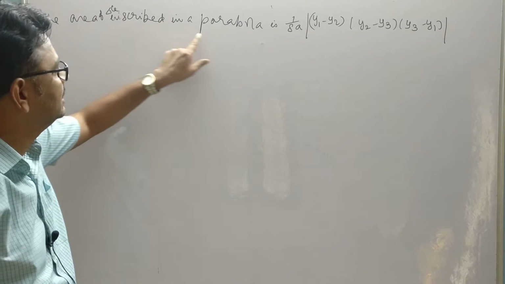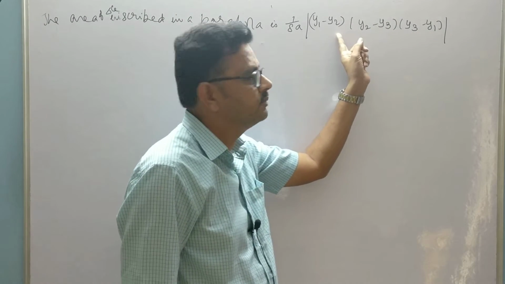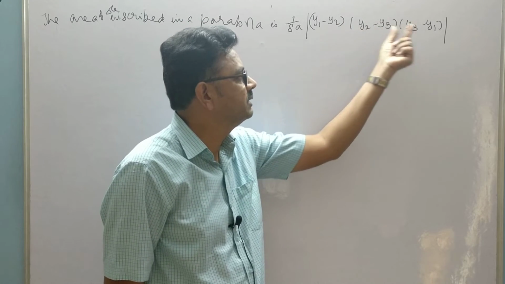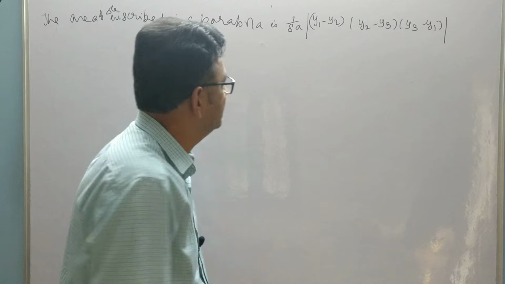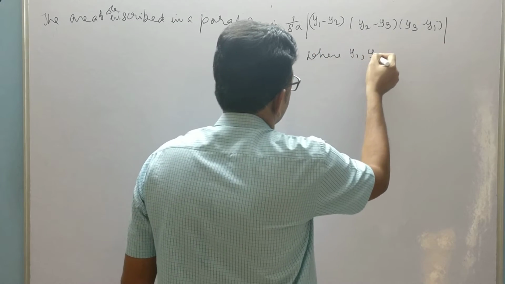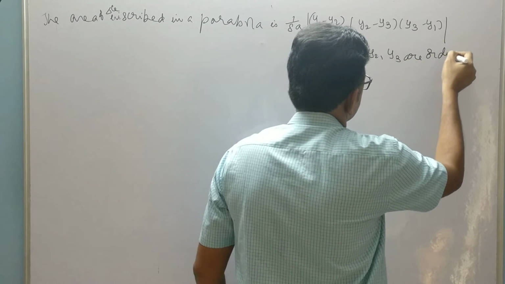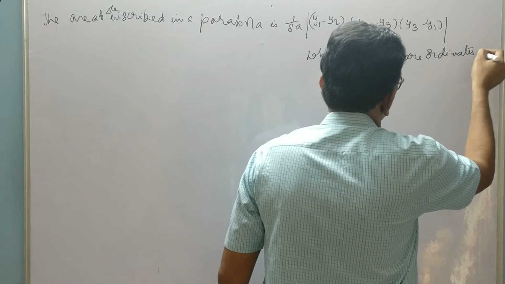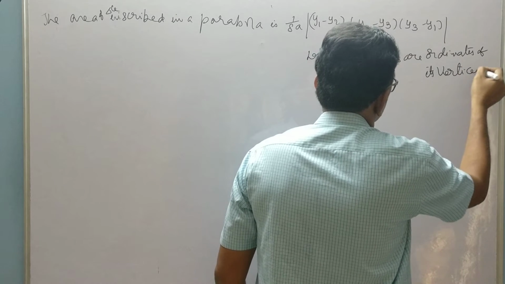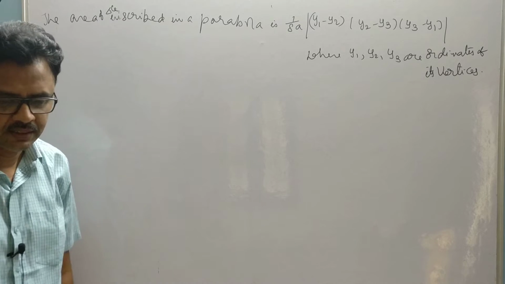Area of triangle inscribed in a parabola is 1 by 8a into (y1 minus y2)(y2 minus y3)(y3 minus y1), where y1, y2, y3 are ordinates of its vertices.